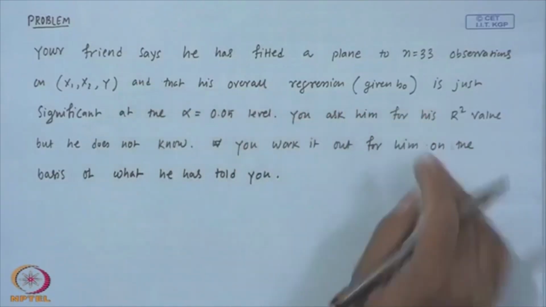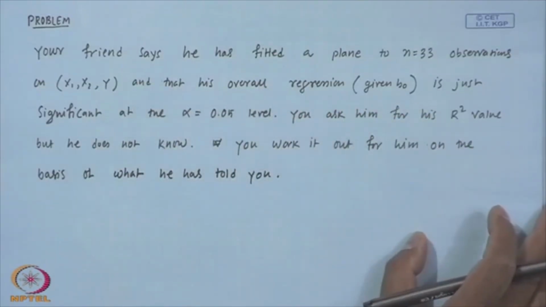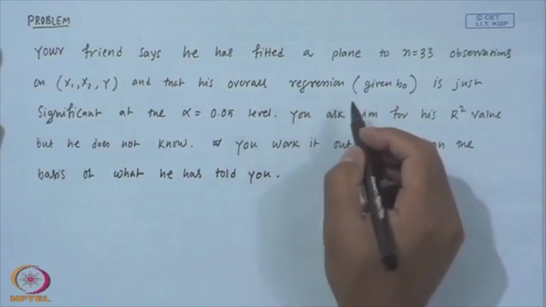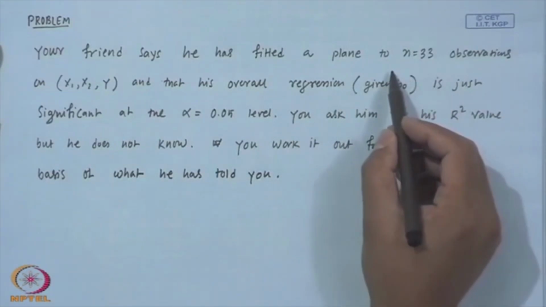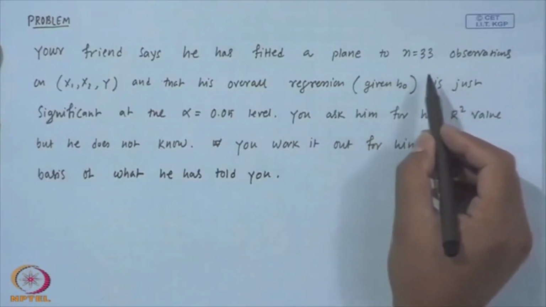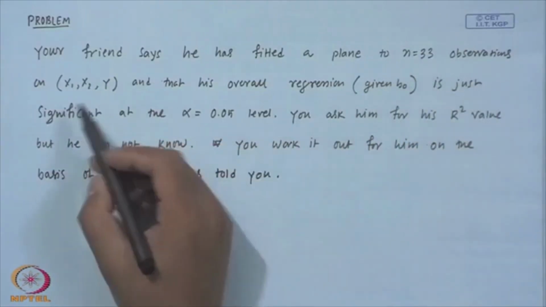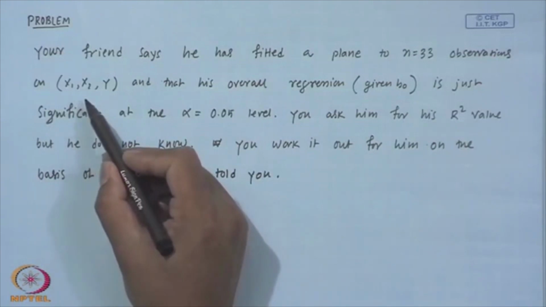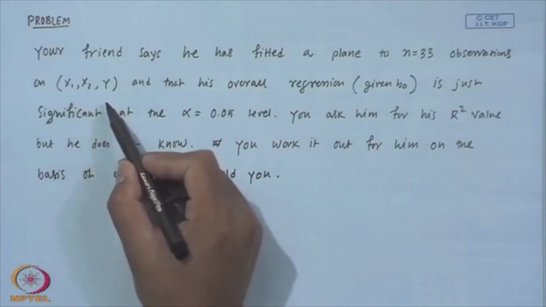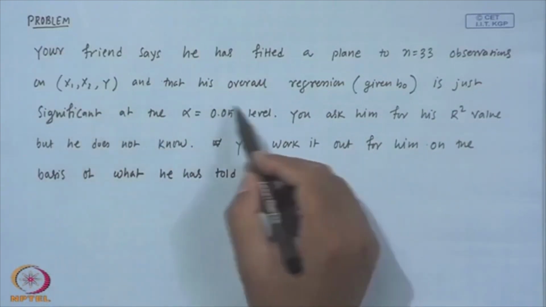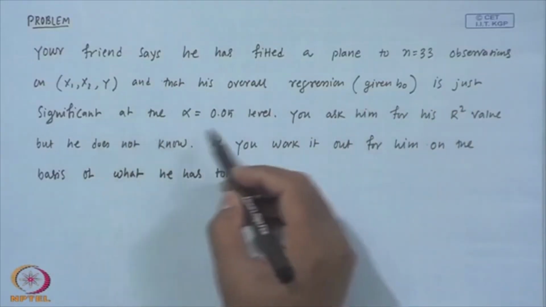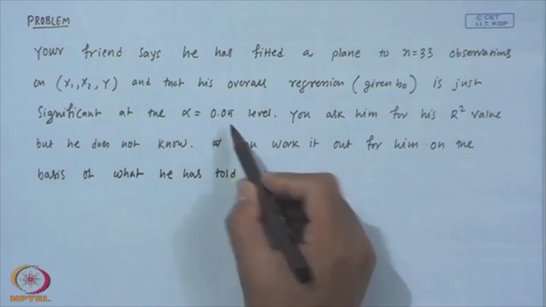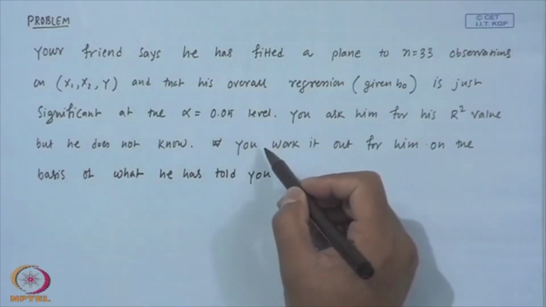The problem says that your friend says he has fitted a plane to 33 observations on x1, x2 and y, and his overall regression is just significant at 0.05 level of significance.